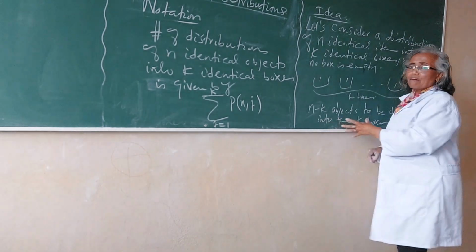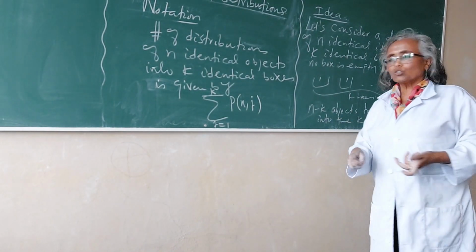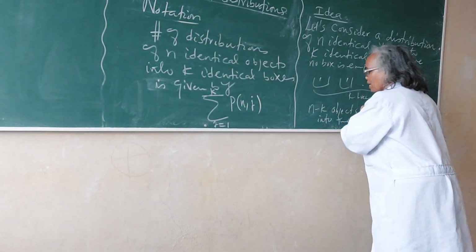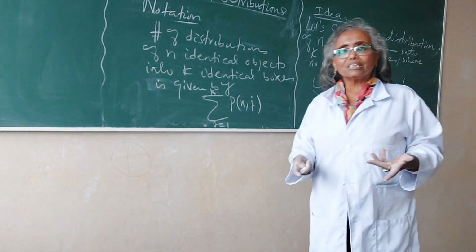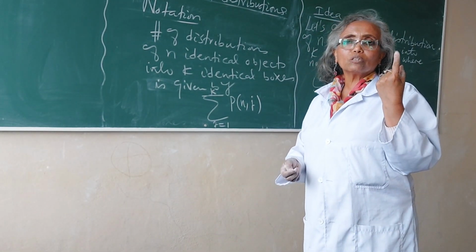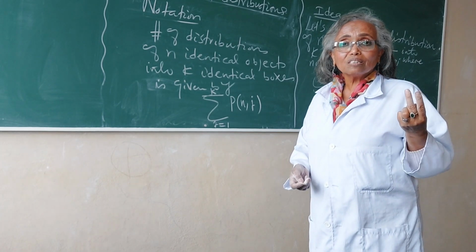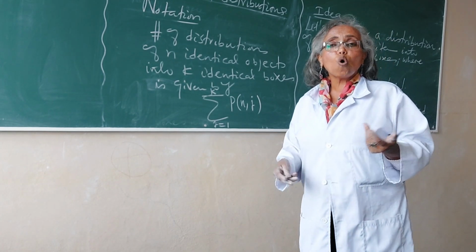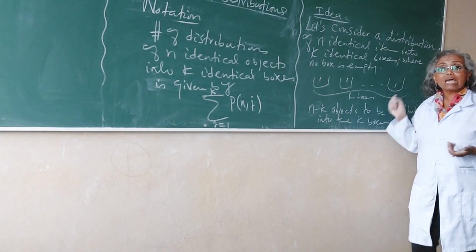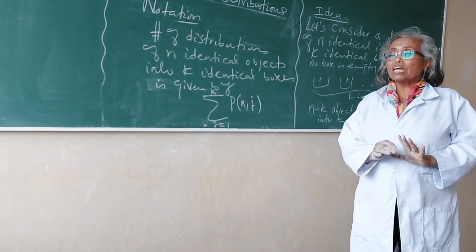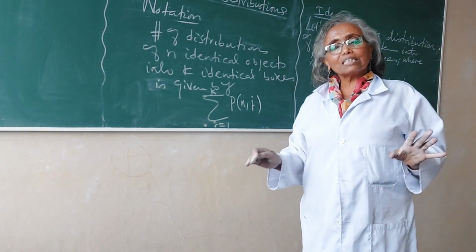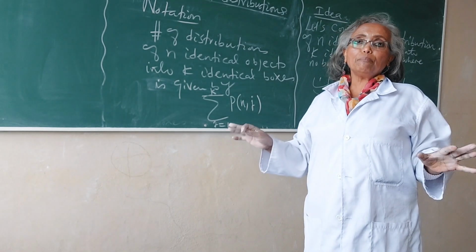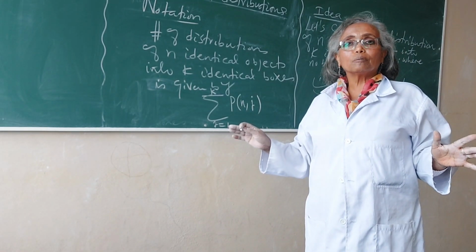Now you see, I'm free to distribute the remaining n minus k objects to a single box, to 2 boxes, to 3 boxes, or to all the k boxes, because there is no risk that a single box remains empty after a distribution.